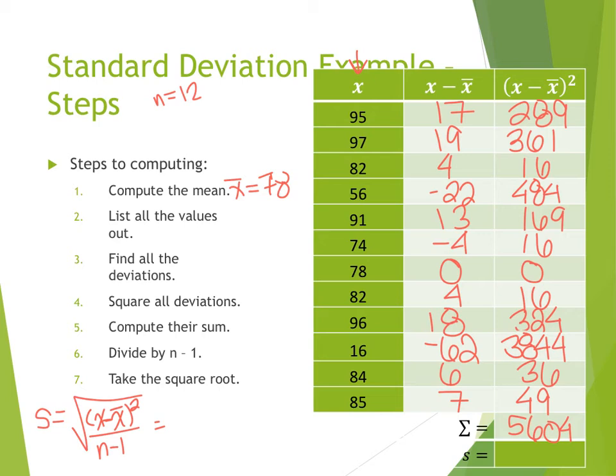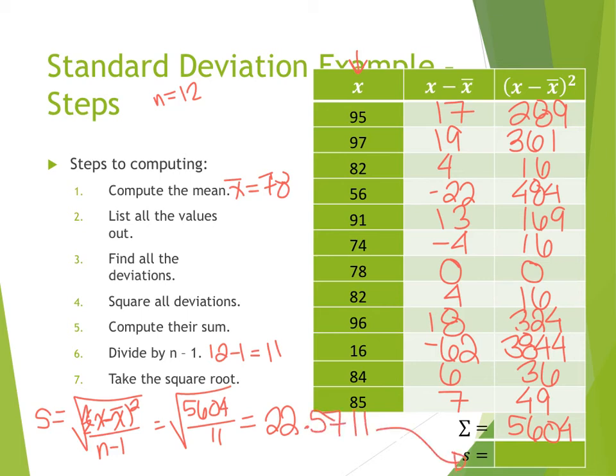So we have the sum of all (x minus x bar) squared, and that is the 5,604. Our n is 12, so 12 minus 1 is 11. And now you can plug this into the calculator, and you should get 22.5711 as the standard deviation.